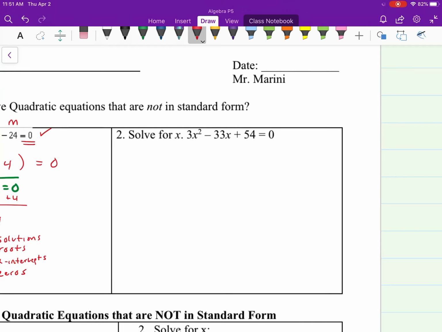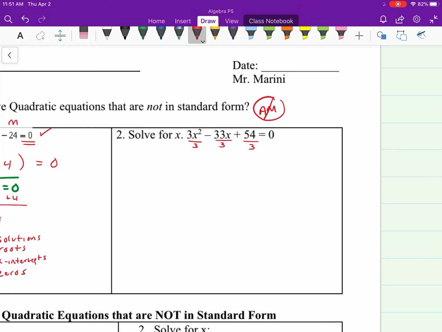Now coming over here to number 2, I notice that this is a trinomial. It's quadratic, it's got x squared, it's also equal to 0. At first glance, I noticed there's a 3 here, which means I could not do the AM method. However, they all have a 3 in common. They're all divisible by 3. So this would be the greatest common factor method.